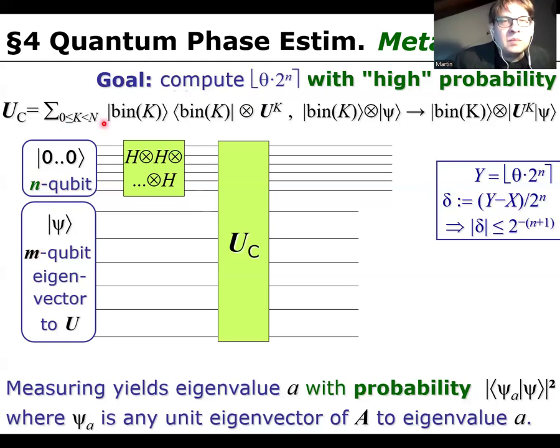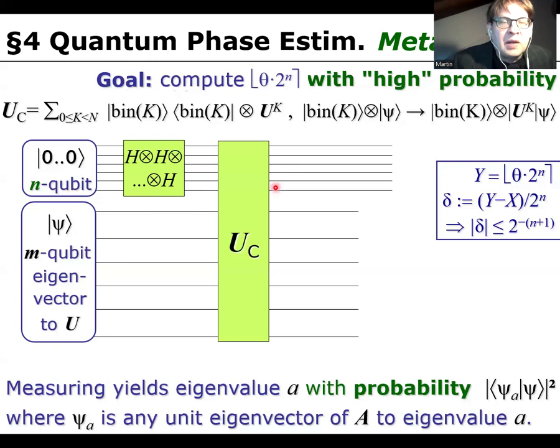Okay. So here's another way of looking at this sum, namely when the input is the qubit representing the basis vector whose binary numeration is capital K, where K ranges from 0 to 2 to the n, excluding.